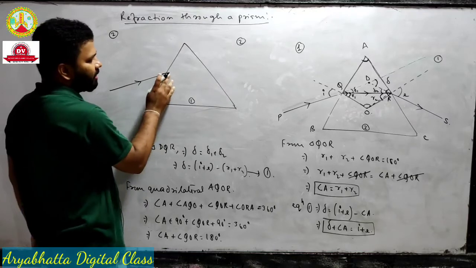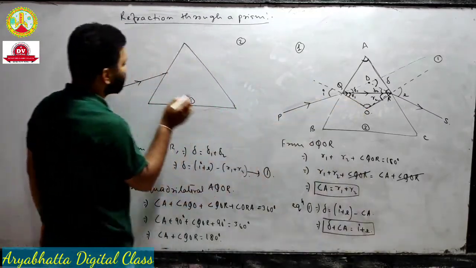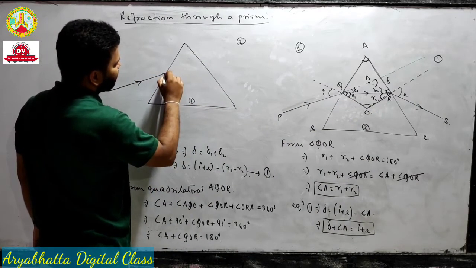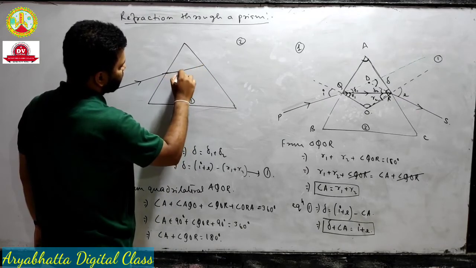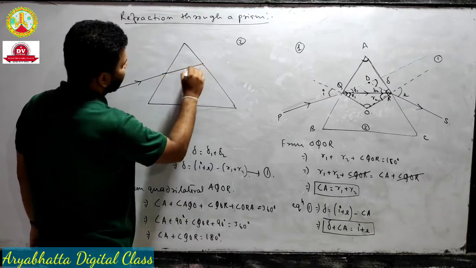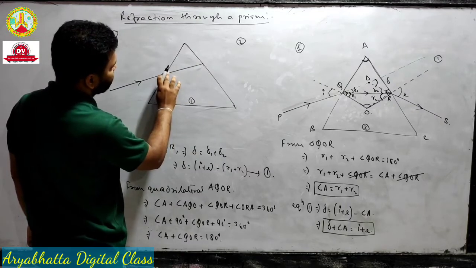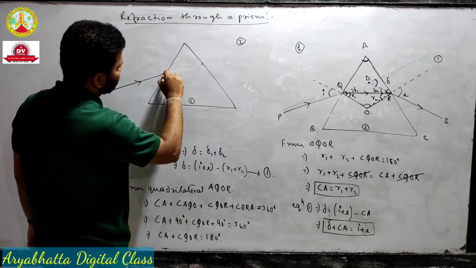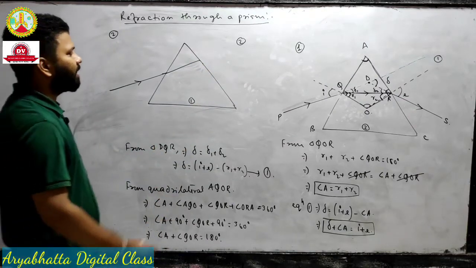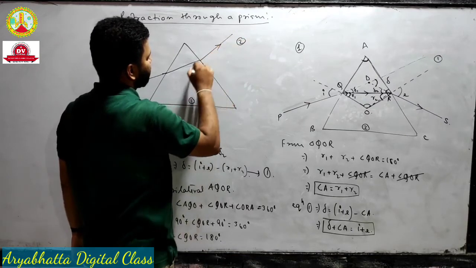Then what will happen? This light ray, what happened here? It moves towards the normal, right? So if you draw a normal here, then it will move away from the normal, like this. The refracted ray will move away from the normal, like this, and finally it will move like this.